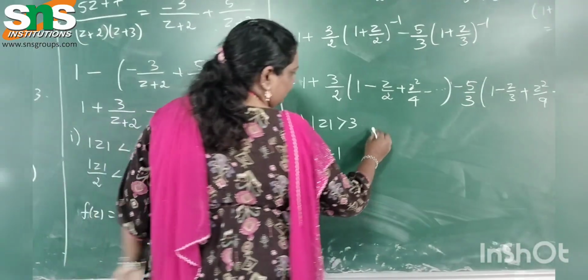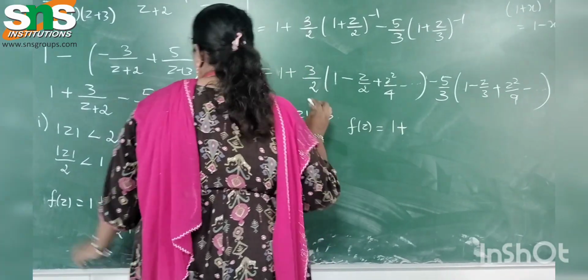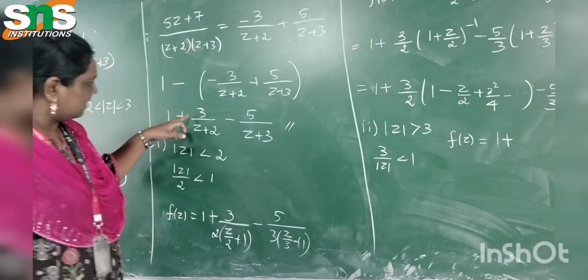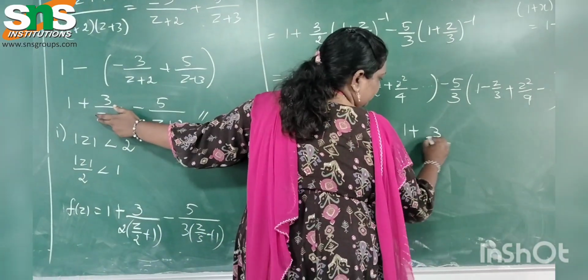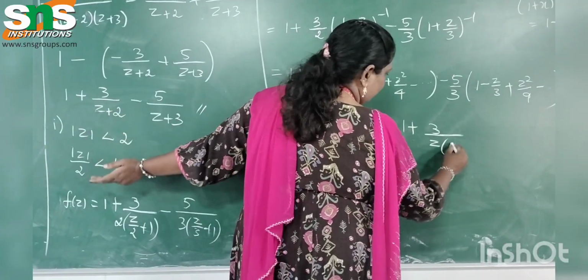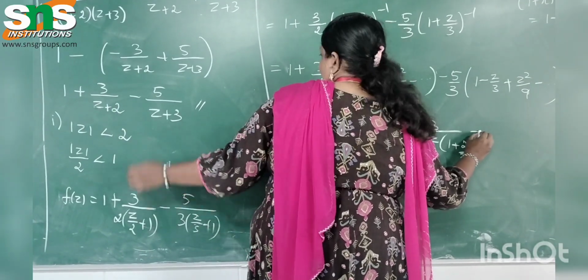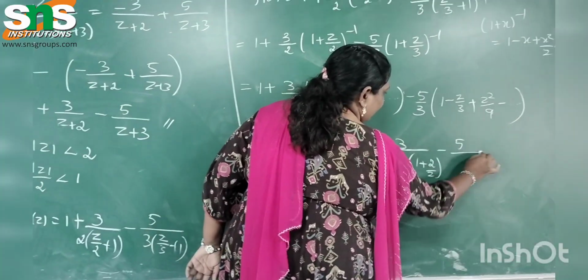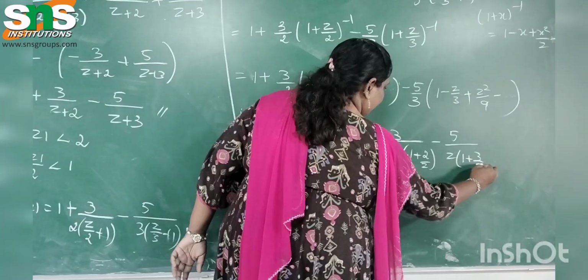So we will get f of z equal to 1 plus, here we are taking z out, so we will get 3 divided by z. So taking z out, 1 plus 2 divided by z, minus 5 divided by z, 1 plus 3 divided by z.